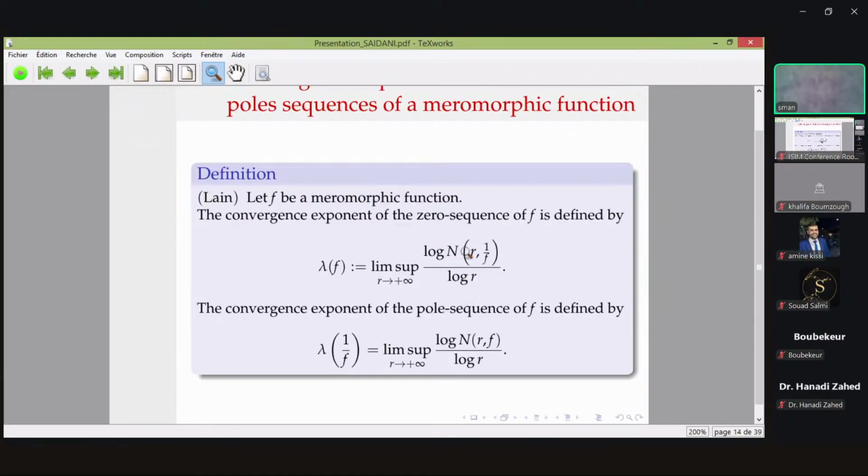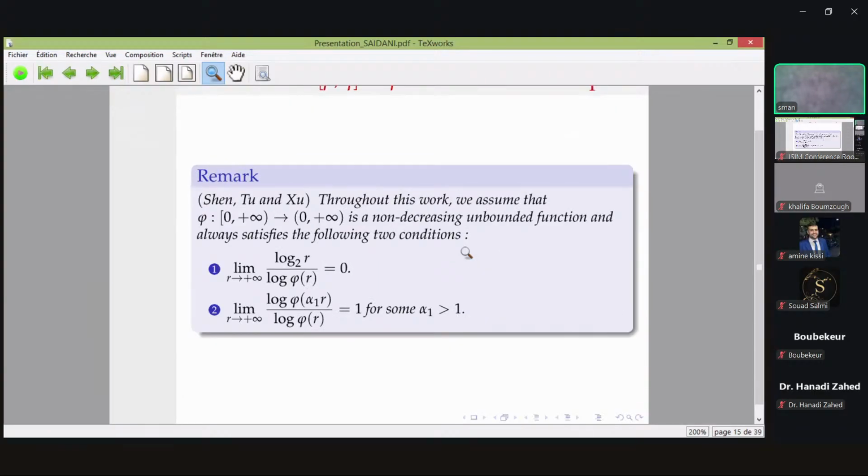We also need the following definition of the convergence exponent of the zeros sequence and of the poles sequence of a meromorphic function. And to frame this work, we assume that phi is a nondecreasing unbounded function satisfying the two following conditions.